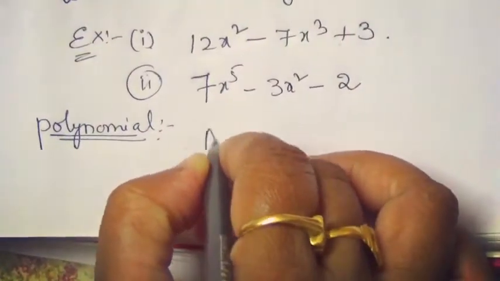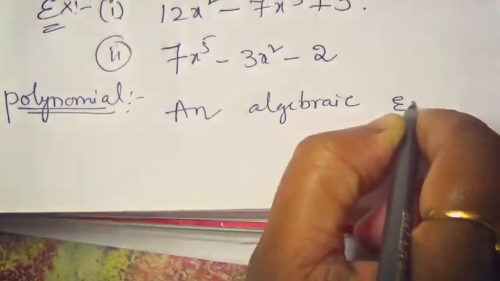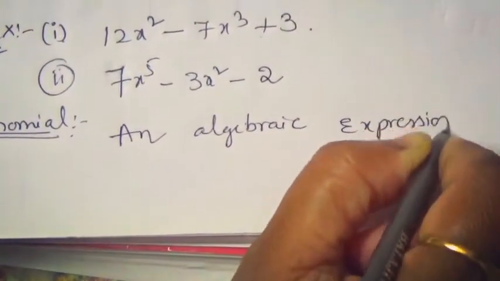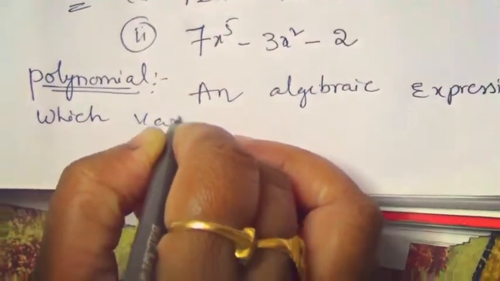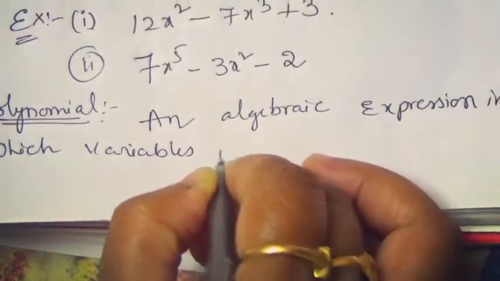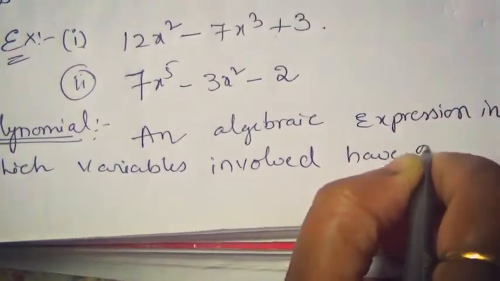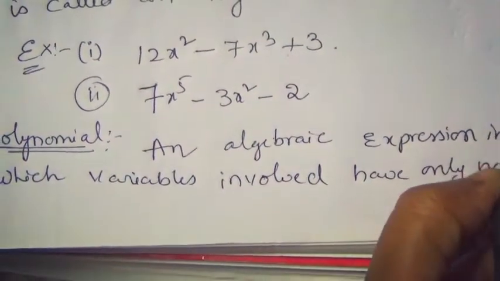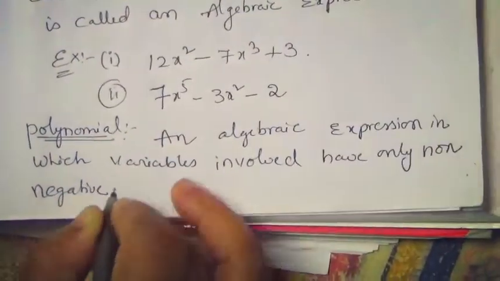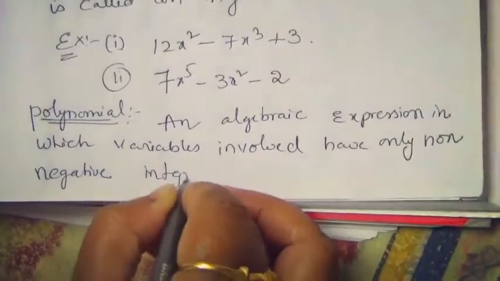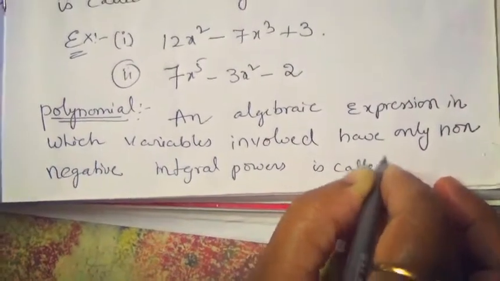So here, an algebraic expression in which the variables involved have only non-negative integral powers is called a polynomial.